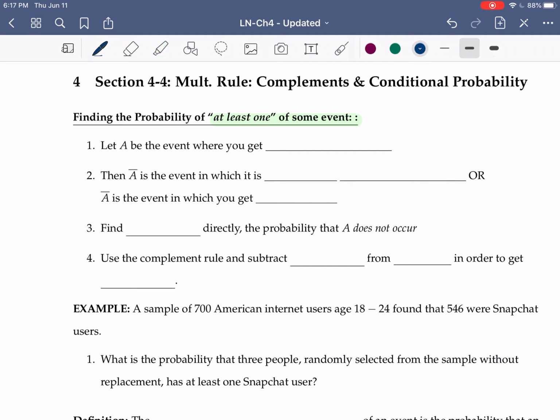And so let A be the event where you get at least one. Then A complement is the event where it is not at least one.